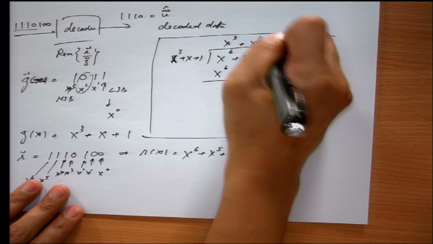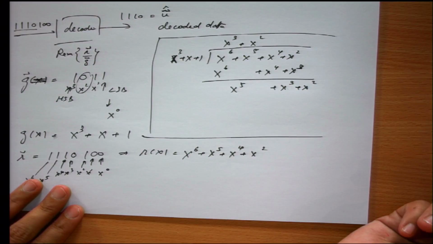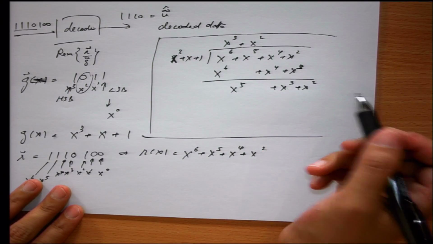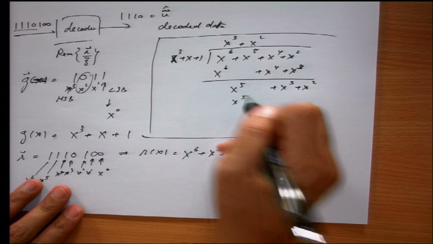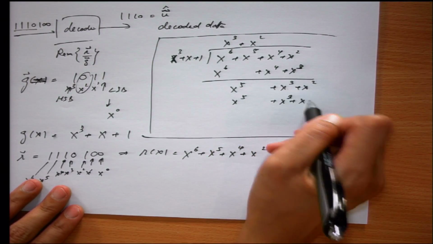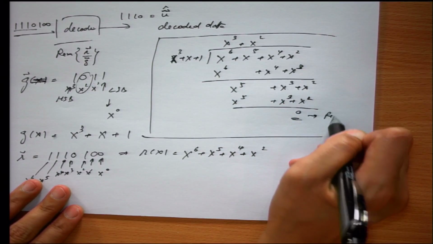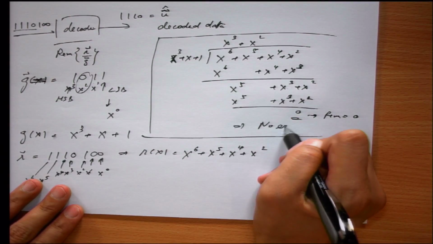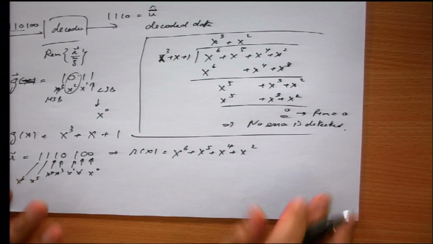When you add them together they are 0, because this is modulo 2 addition. You continue until the remainder equals 0. No error is detected.